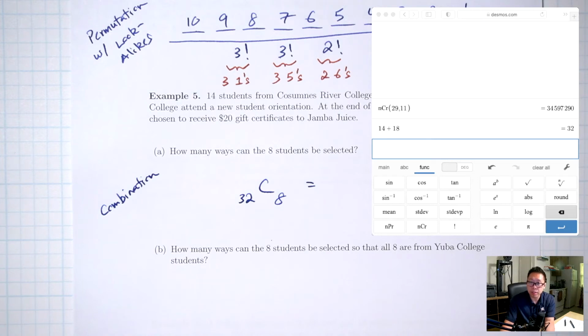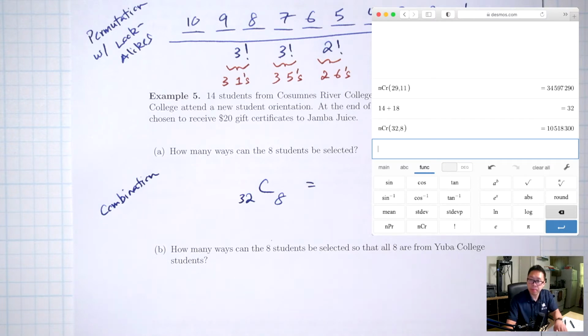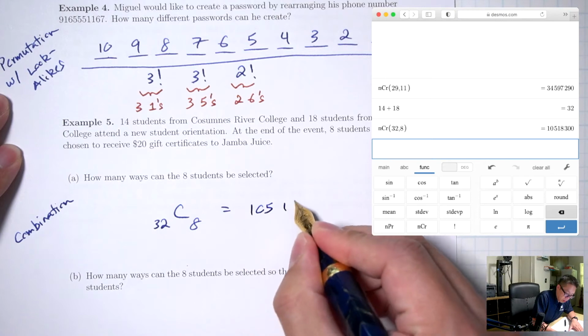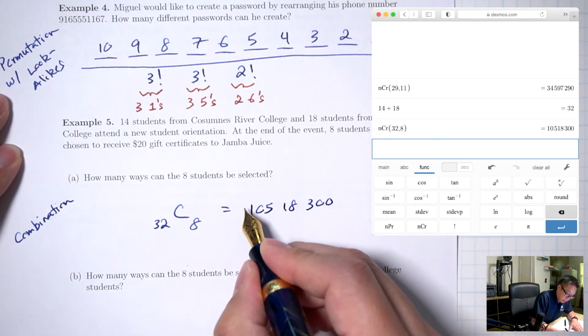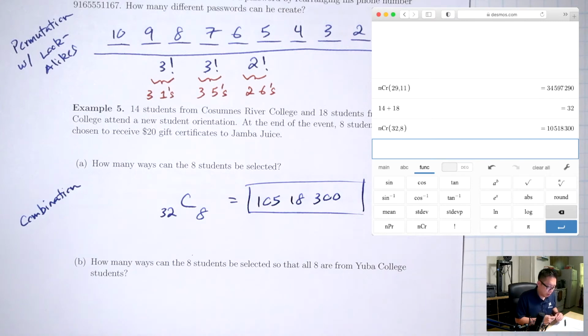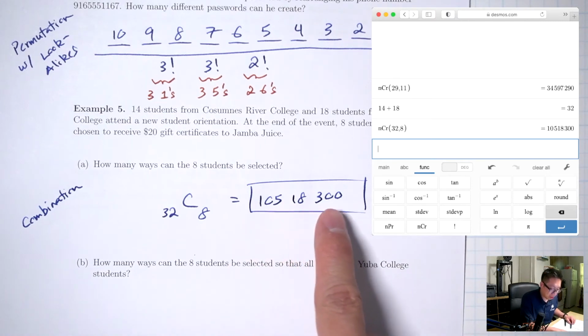Click on FUNC. Click on NCR. The total, which is 32, comma, how many you're choosing? 8. All right, big number, 10,518,300.